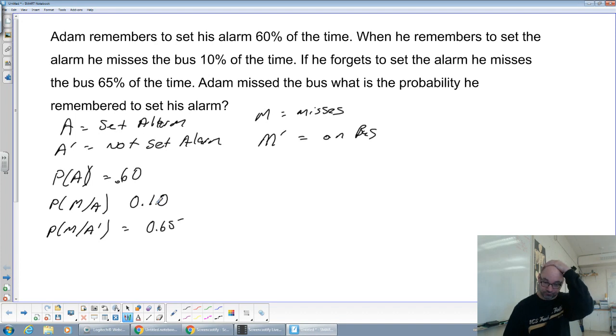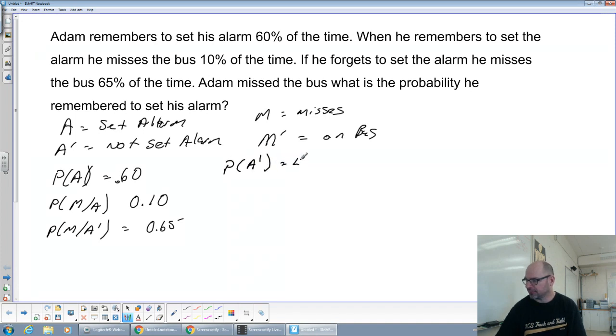And the probability that he doesn't set the alarm is 40%. Okay, we got those two already right there. Got the four that we need.